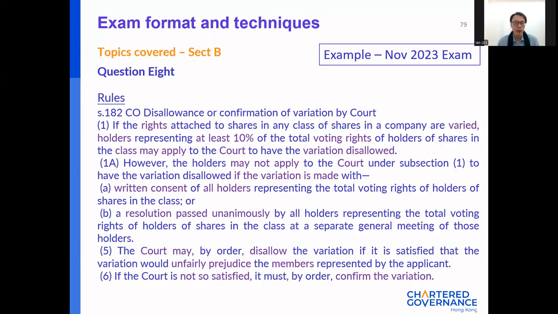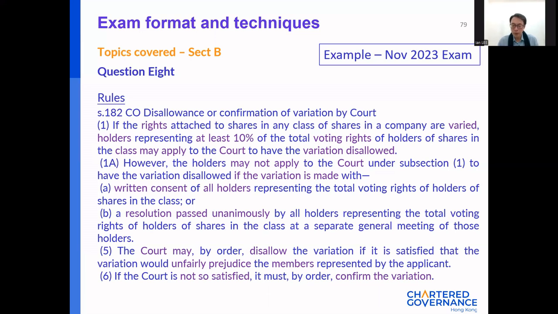So the court may, by order, disallow the variation if it's satisfied that the variation would unfairly prejudice the member represented by the applicant. If the court is not so satisfied, it must by order confirm the variation. So even though the matter may go before the court, it does not mean the decision will be reversed.